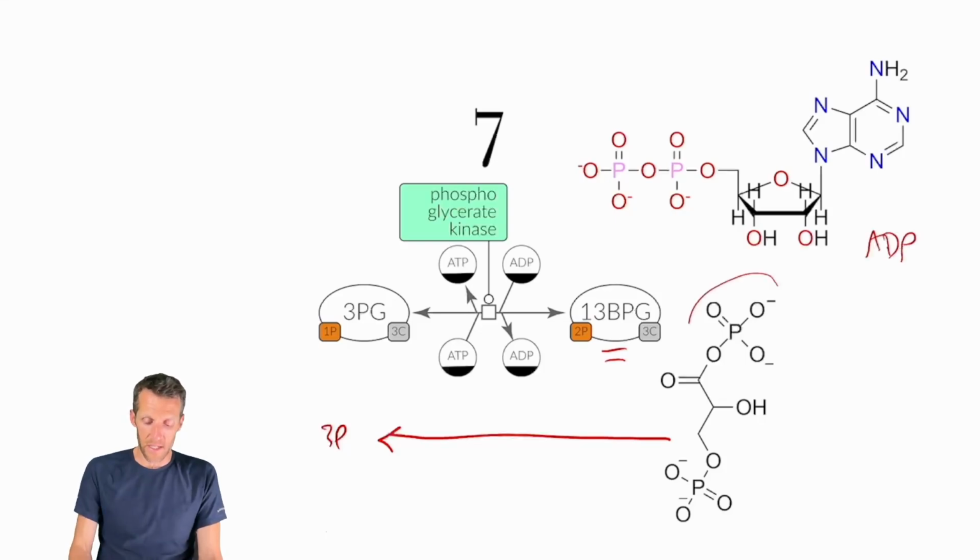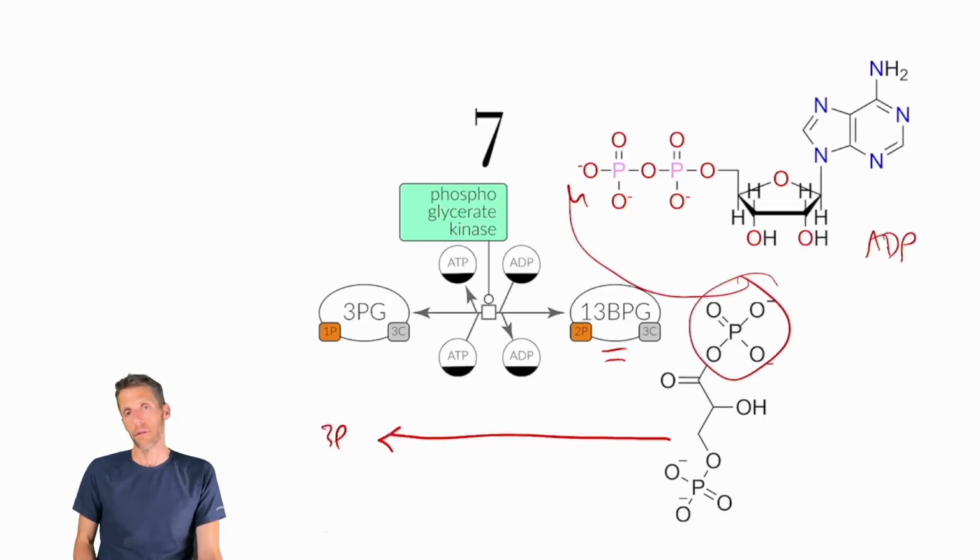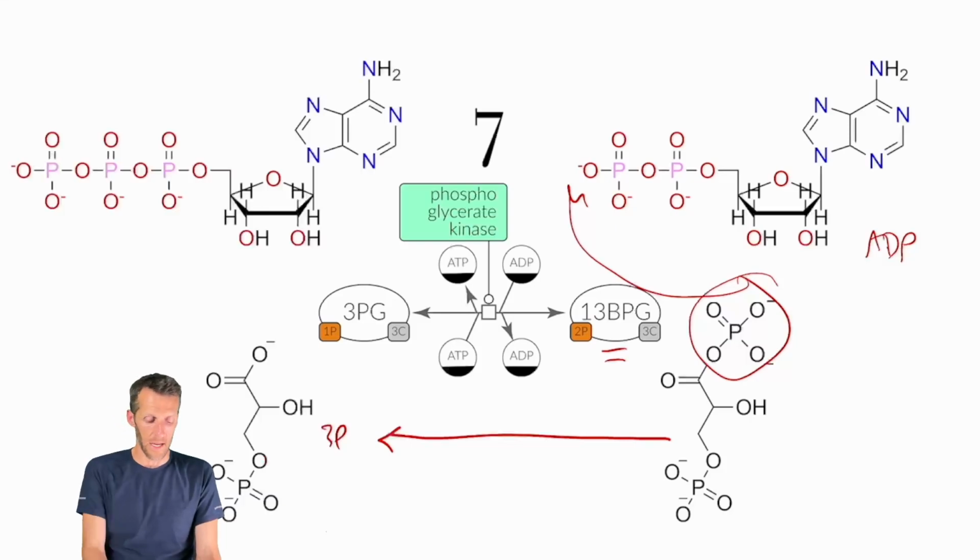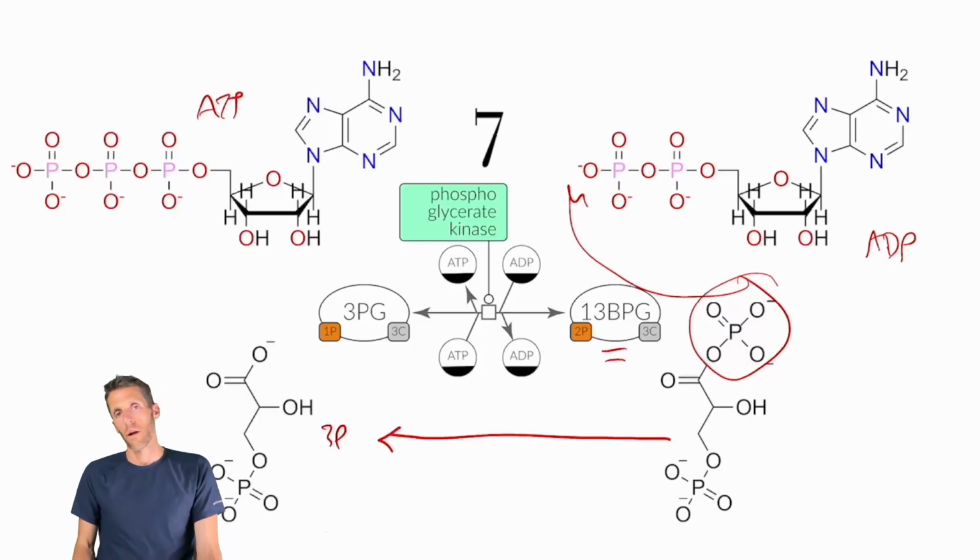And what we're going to see is this phosphate is going to come off and get glued onto the end of the ADP, making an ATP. The resulting molecule that's left over on the carbon side is 3-phosphoglycerate, or 3PG. And you'll notice that we've replaced this phosphate here with just a carboxylic acid or carboxylate form here. Okay. That's step 7.